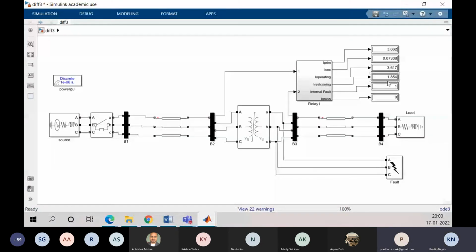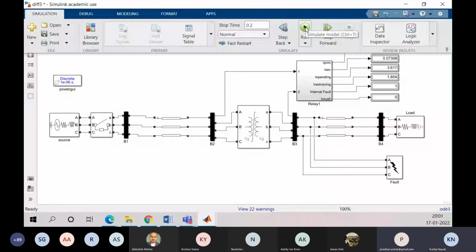Okay. Now you can show the third, external. See here, this fault is beyond the corresponding two sensors B2 and B3. B2 and B3 are the measurement points, like our CT connections.